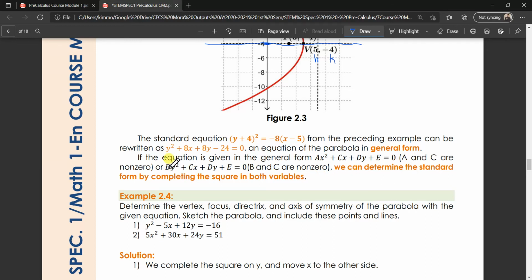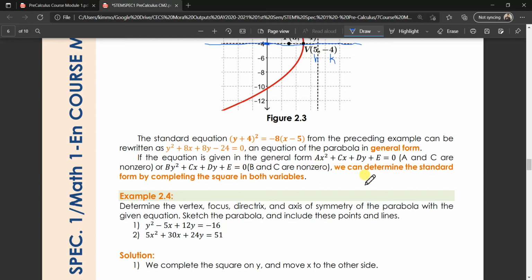Or we have b times y squared plus cx plus dy plus e equals 0. So what is the difference? The squared variable here is y, and here it is x. So again, b and c should not be equal to 0. Because if it becomes 0, the squared term cancels and you are left with a line. So that is not an equation of a parabola.